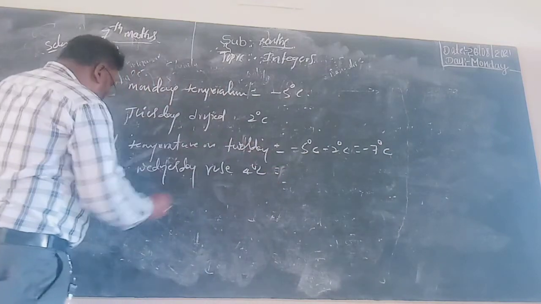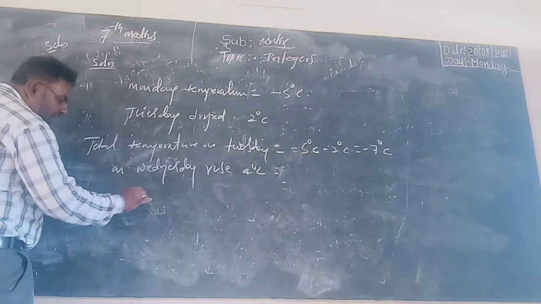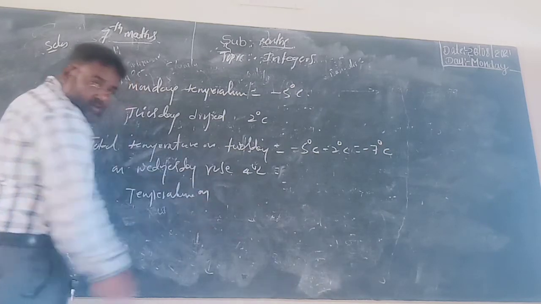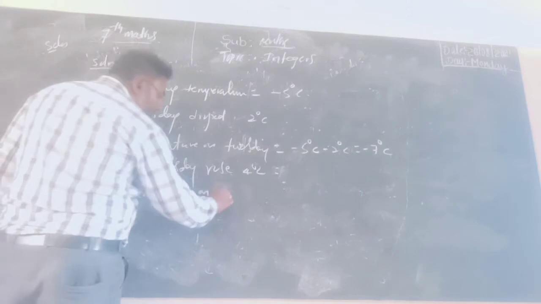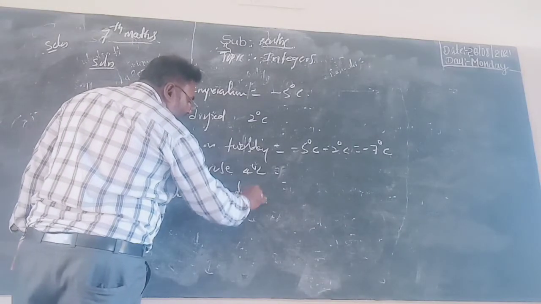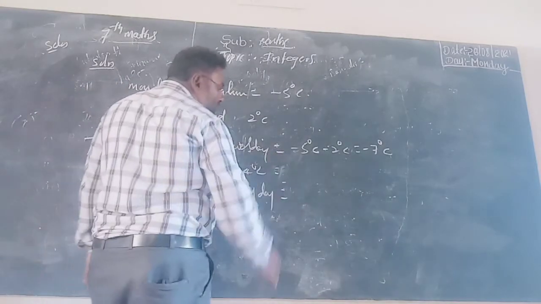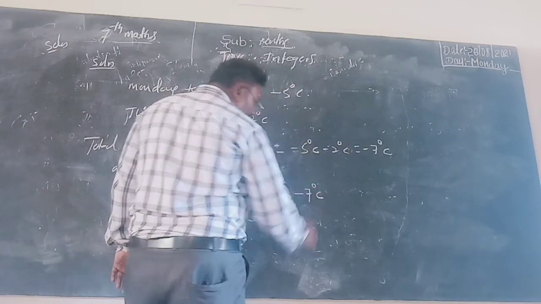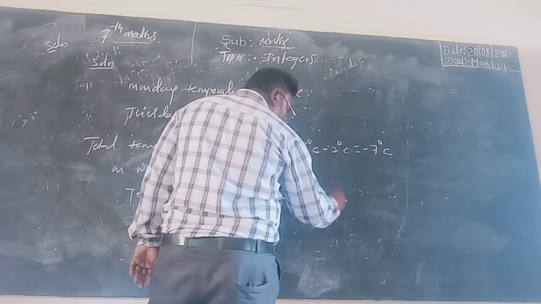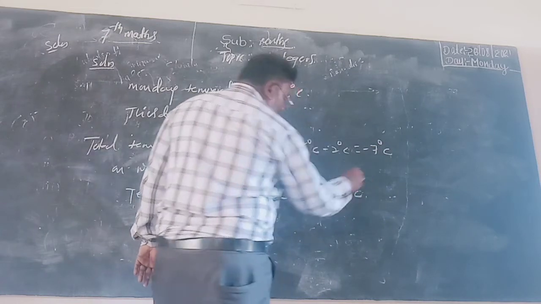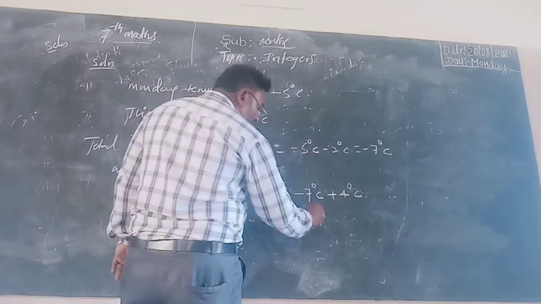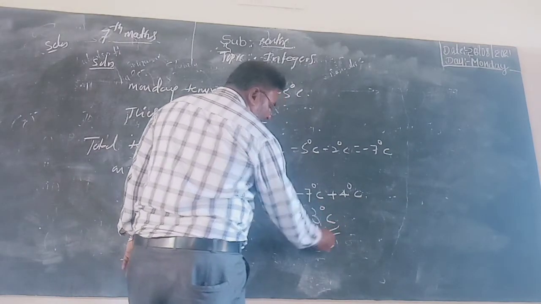Temperature on Wednesday is equal to minus 7 degree centigrade plus 4 degree centigrade rise, that is equal to minus 3 degree centigrade.